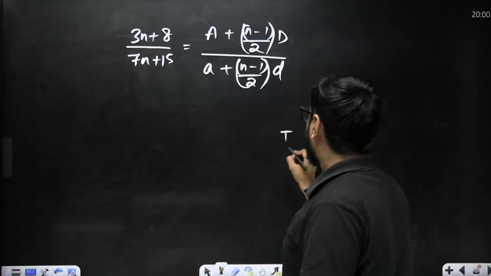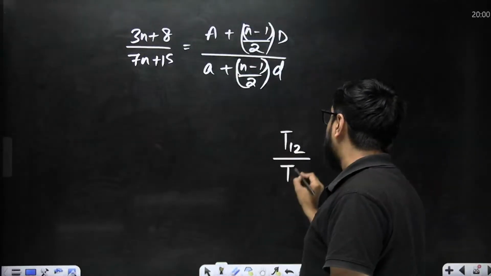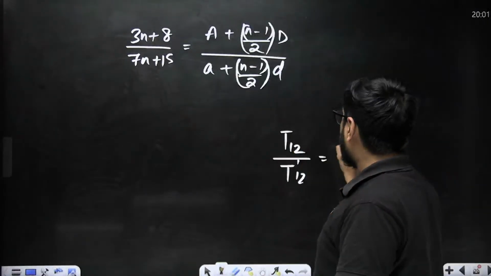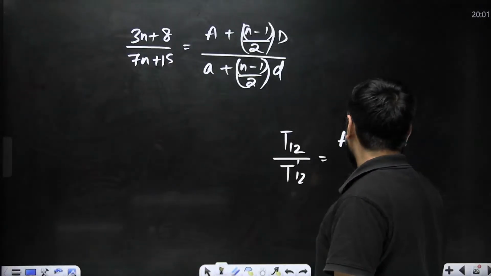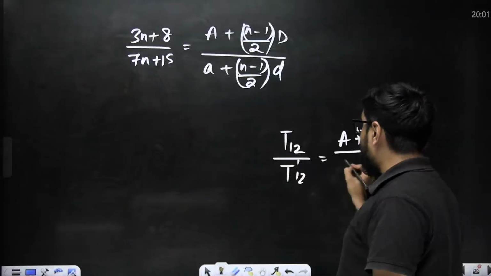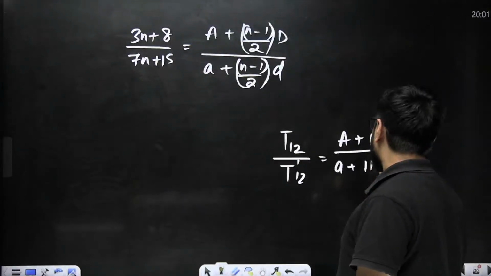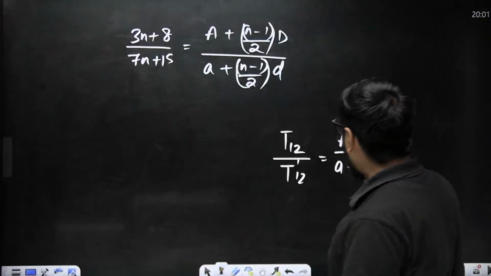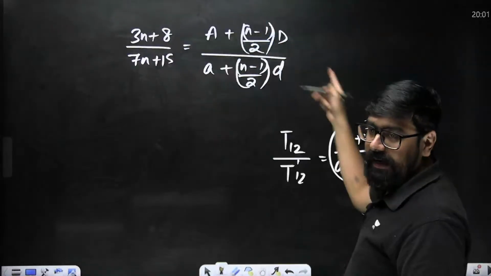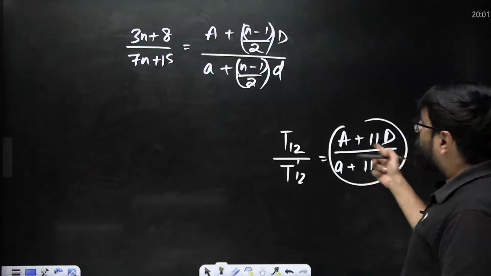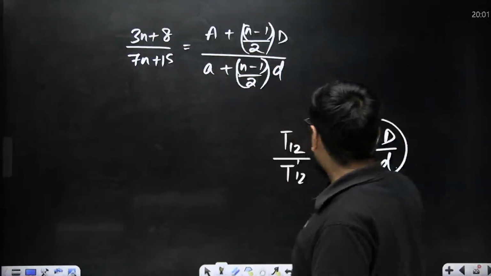What do I need? I need T12 divided by T12 dash. T12 will be capital A plus 12 minus 1, that means 11, into capital D, divided by small a plus 11 into small d. Now you tell me, I want this on this side. If I get this on this side, I have my answer. So what should I put as n so that I can create this?